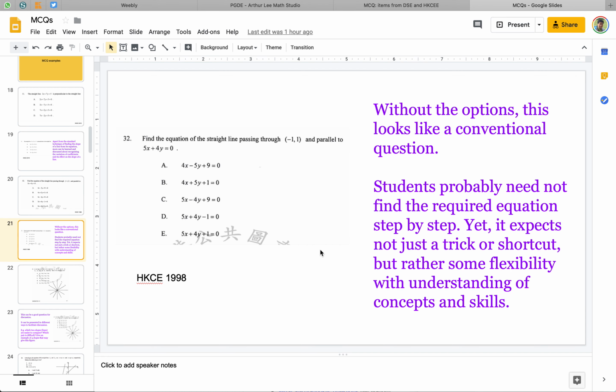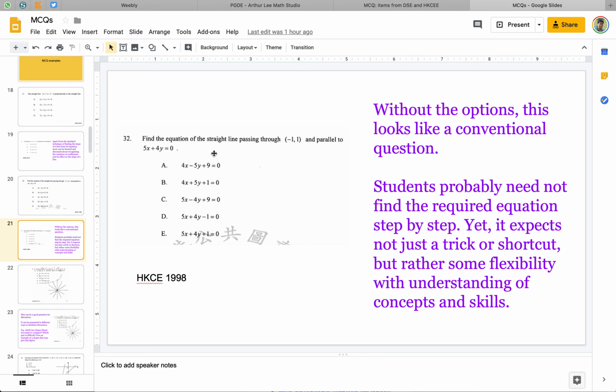Now, this kind of thinking sometimes can be considered as a trick or shortcut for answering MC questions, right? Some teachers may emphasize it in this way. However, putting aside whether it's a trick or not, it is actually a process of emphasizing the concept behind the topic, this mathematical content, and also the flexibility of thinking, okay?